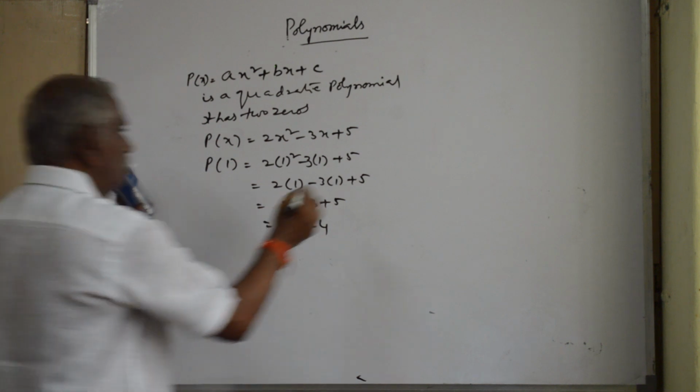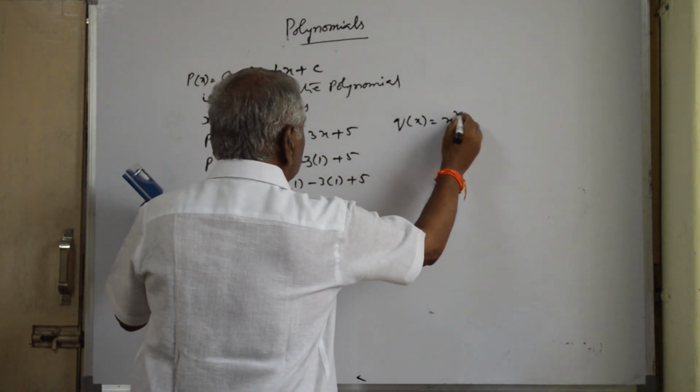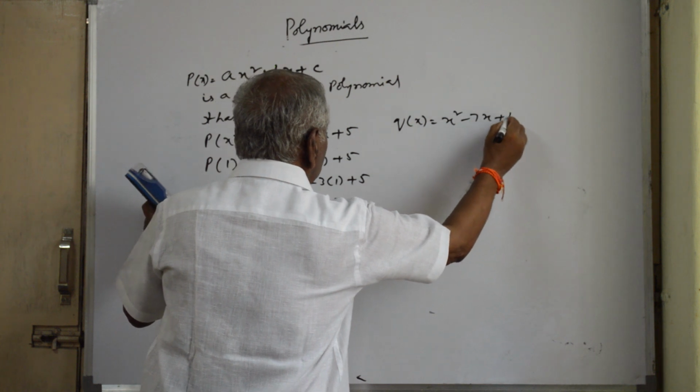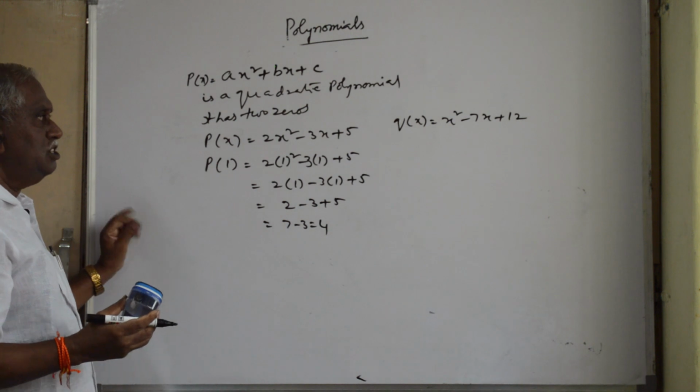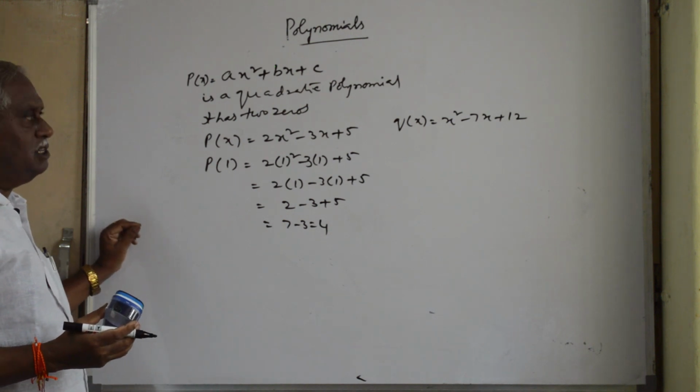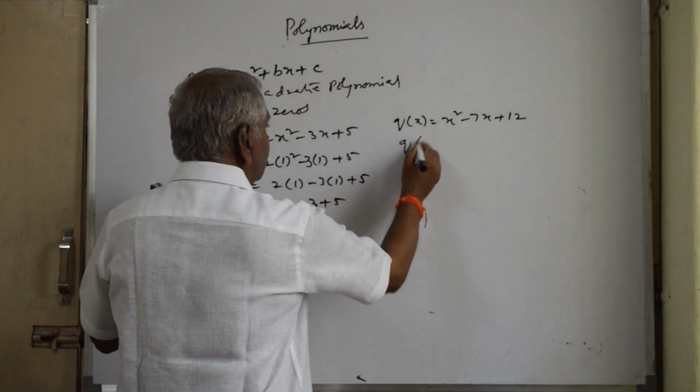Now consider another quadratic polynomial, q of x is equal to x square minus 7x plus 12. Now we consider q of 3.